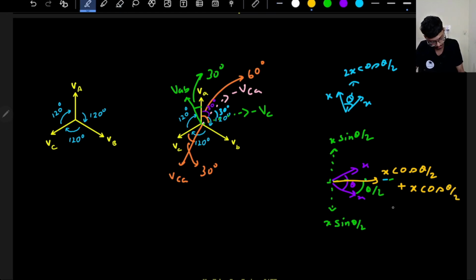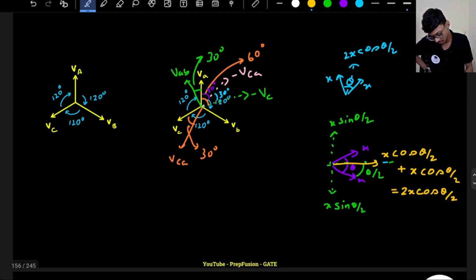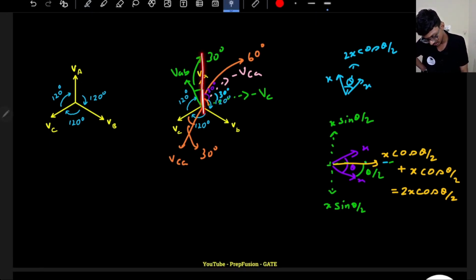So this will be 2x cos theta by 2. Same thing will happen here. So ultimately this will be the resultant, and my resultant will be in the middle.